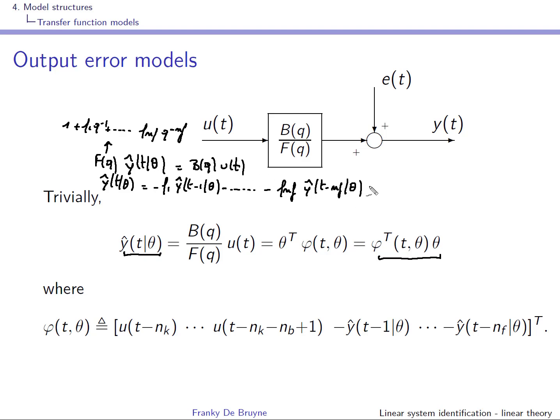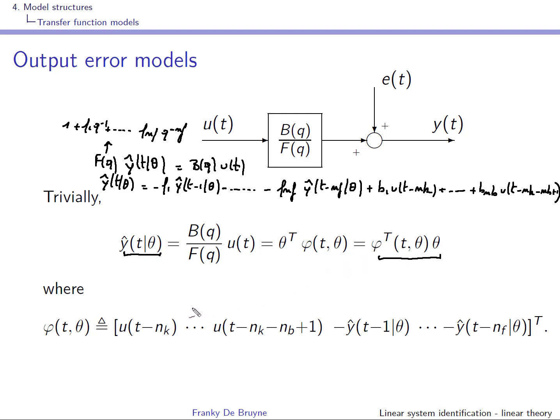And obviously plus b1 u of t minus nk, okay, because we are considering a general delay of nk, up to b_nb u of t minus nk minus nb plus 1. If nk is equal to 1, this is simply u of t minus nb. So what you see here, indeed, we can write it like this.